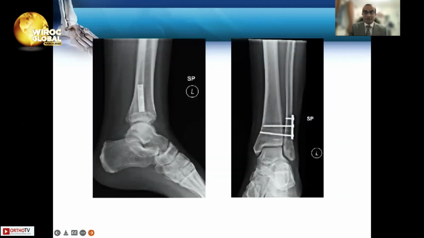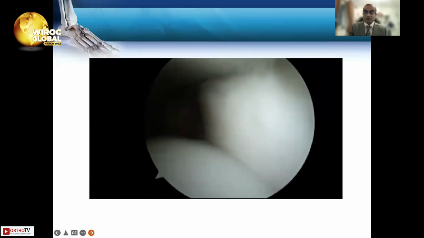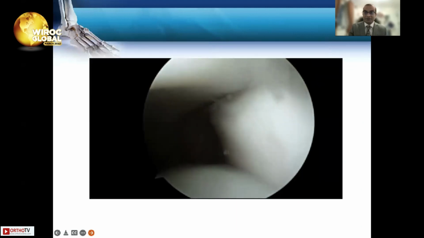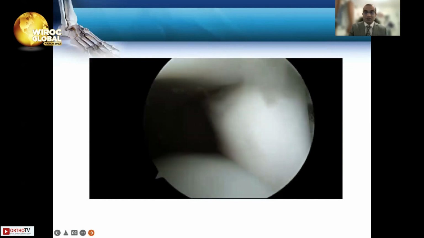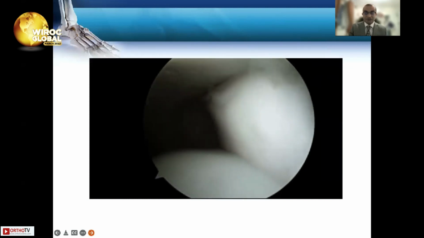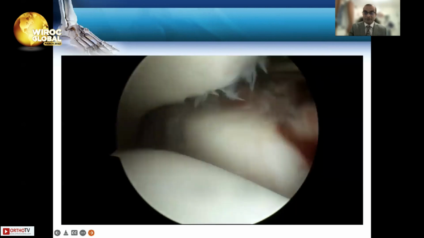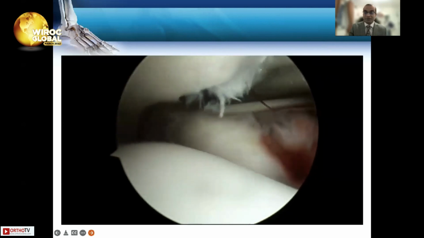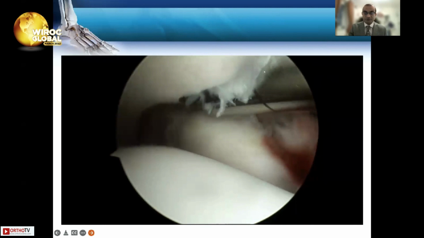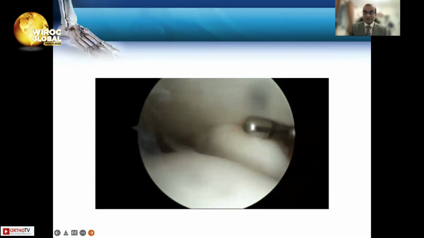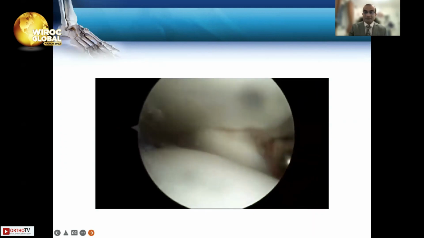As can be seen in these 2 radiographs of the same patient. Now, arthroscopically, you could assess the instability of the syndesmosis by anterior-posterior translation. You could then debride the syndesmosis to remove any synovial fringes in that region, and then recheck the syndesmosis once you've stabilized it.